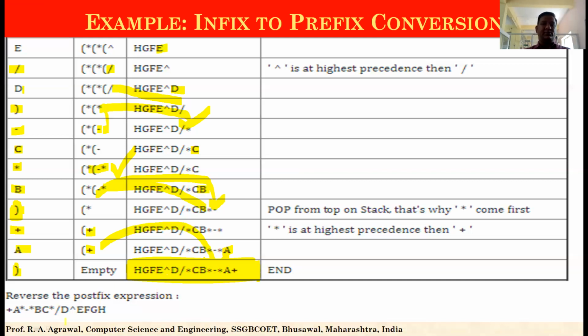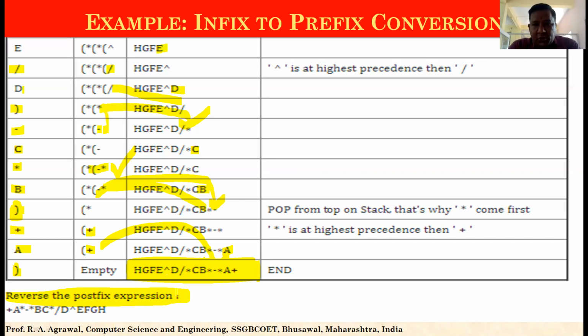Now the last step is that whatever answer you have written is in postfix form, and you reverse the postfix expression. Once you reverse this postfix expression, you will get the prefix expression. So this is your required expression.